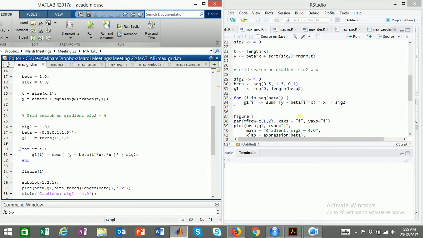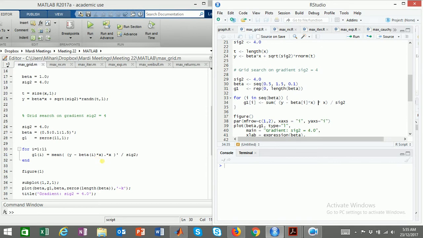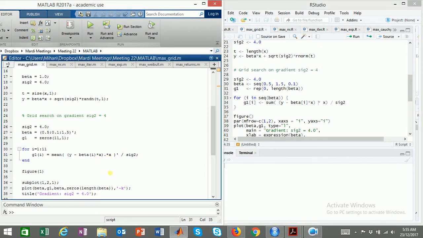Sum of y minus beta i multiplied to x. There is no element by element multiplication in R, but there is specific element by element multiplication in MATLAB. Somehow I hope R understands that I want the element by element multiplication here.